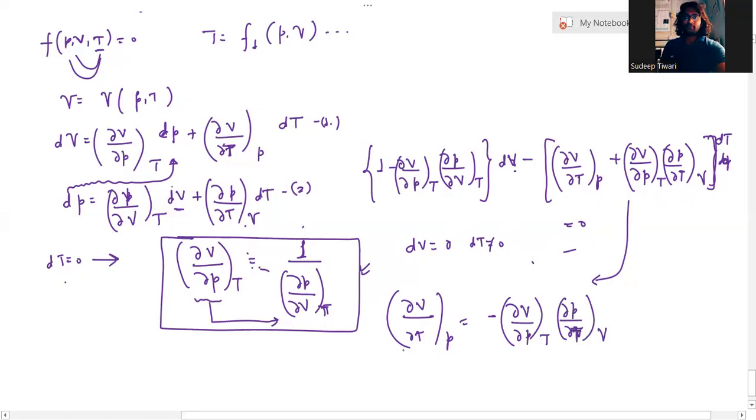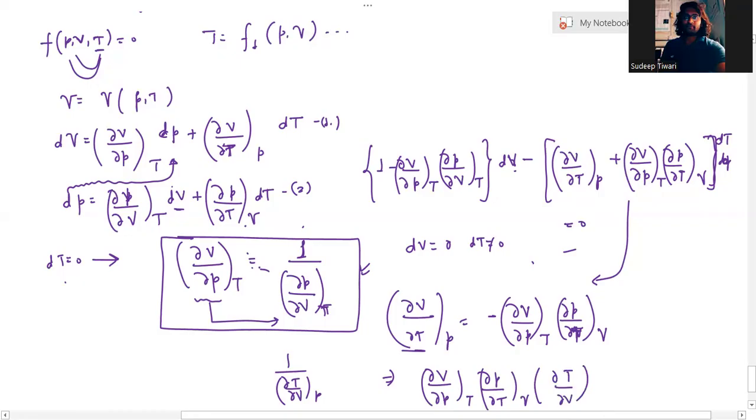And this portion I can write simply as 1 upon del T upon del V at a constant pressure. So this gives me del V upon del P at a constant temperature, times del P upon del T at a constant volume, times del T upon del V at a constant pressure, equals minus 1.